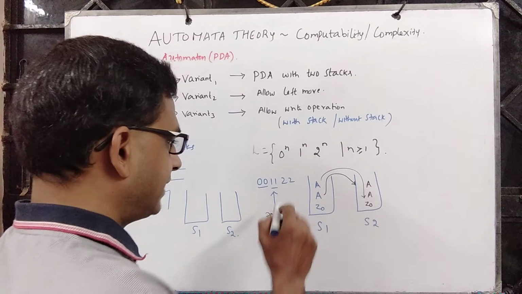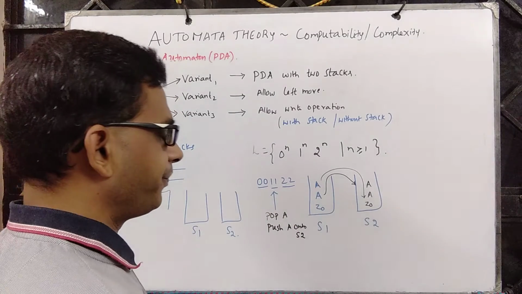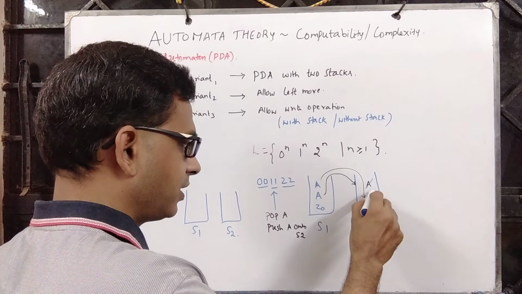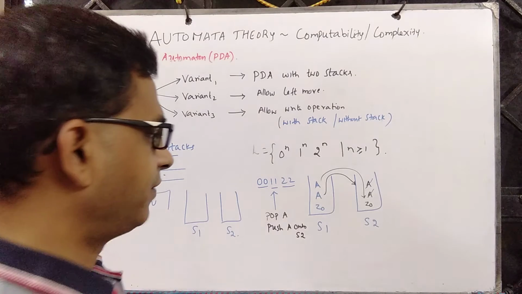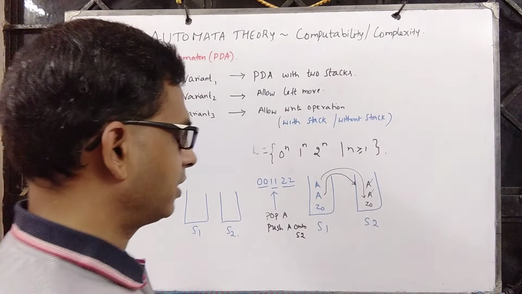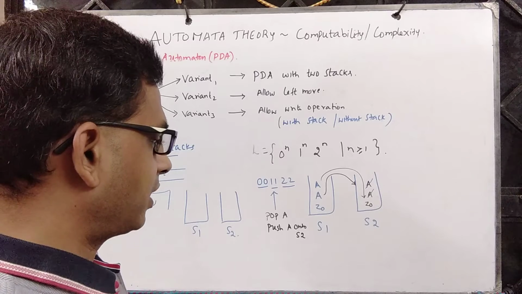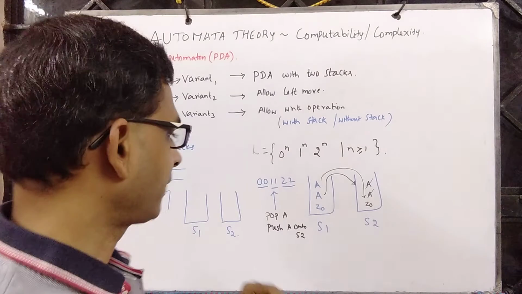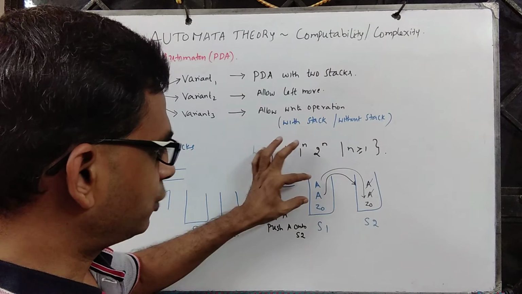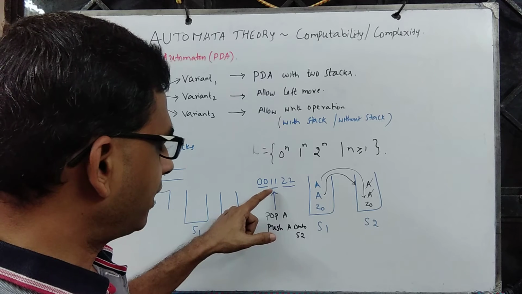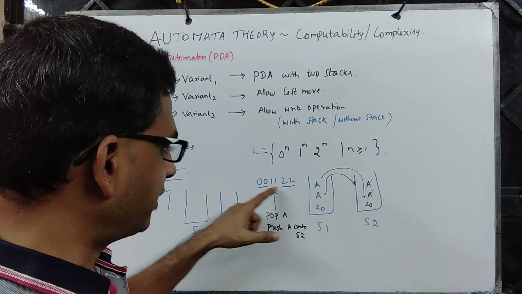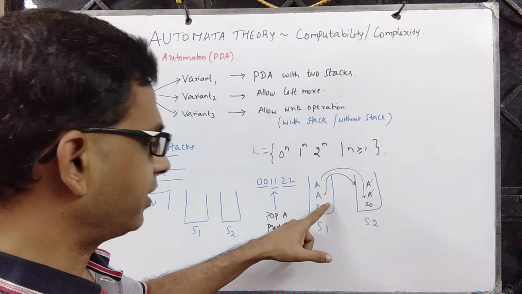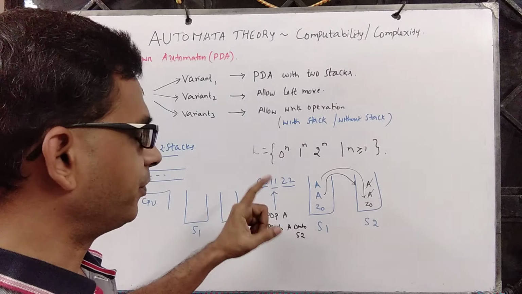Now what I do, I start reading 2, and for this we pop this and we pop this. Finally we reach Z0, which means number of zeros, number of ones and number of twos are one and the same. For zeros we push so many A's, and number of A's must match number of ones, and otherwise there will be a mismatch. Something will be left out over here, or number of ones will be more.